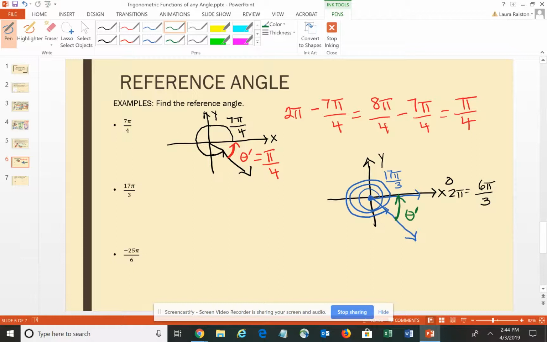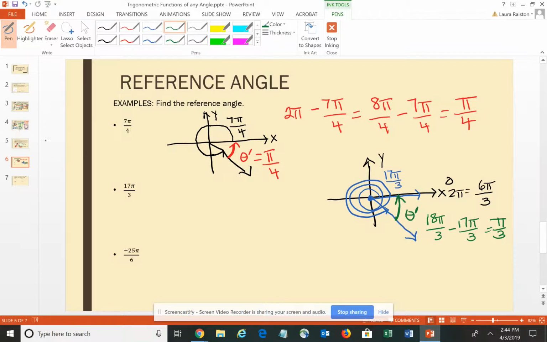That third revolution would have taken me to 18 pi thirds, but I'm really shy of that. I'm at 17 pi thirds, so I have pi thirds. So my reference angle is pi thirds.